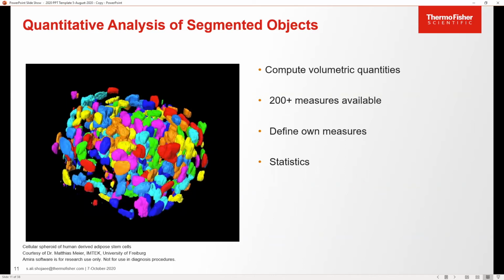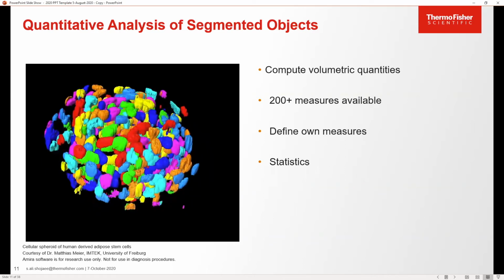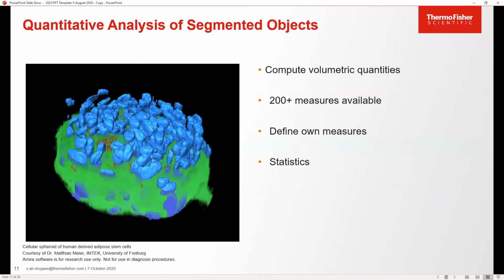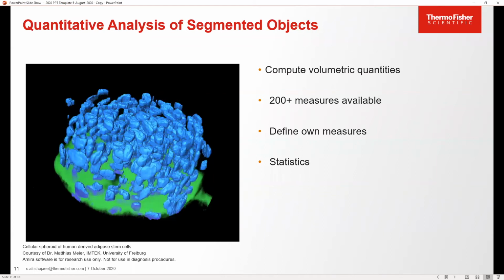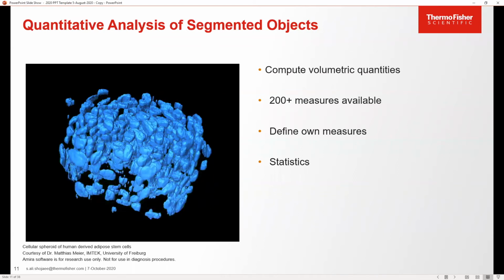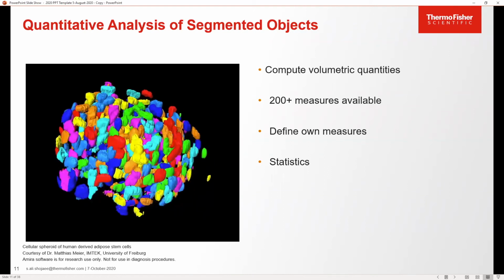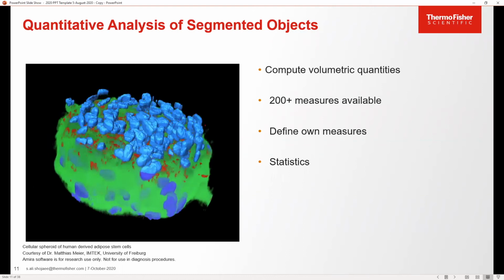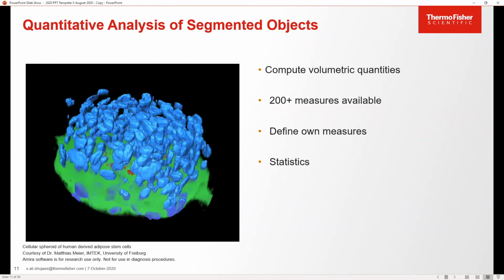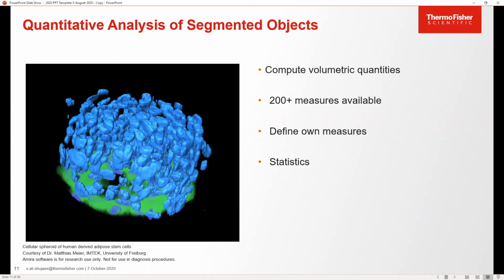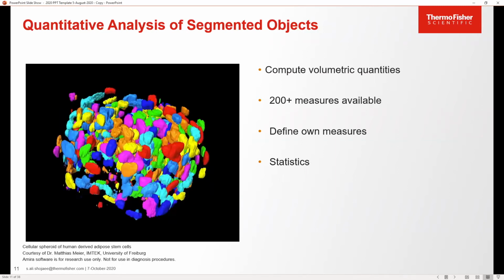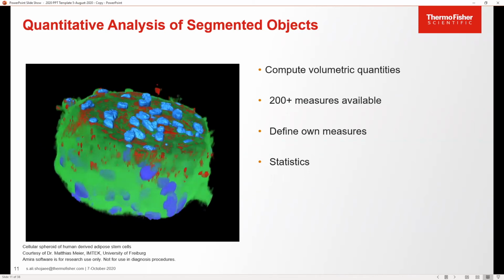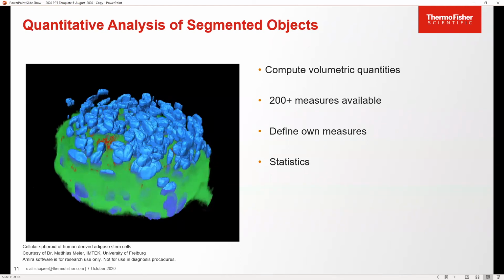There are over 200 native measures available, from simple things like surface area or volume, to something much more complicated, like the orientation or the mean intensity of the grayscale in the region that you segmented, and everything else in between can also be measured. You can define your very own measures in the off chance that what you want is not included in those 200 native measures. And then you can also perform some statistical analysis on the data that you are generating.